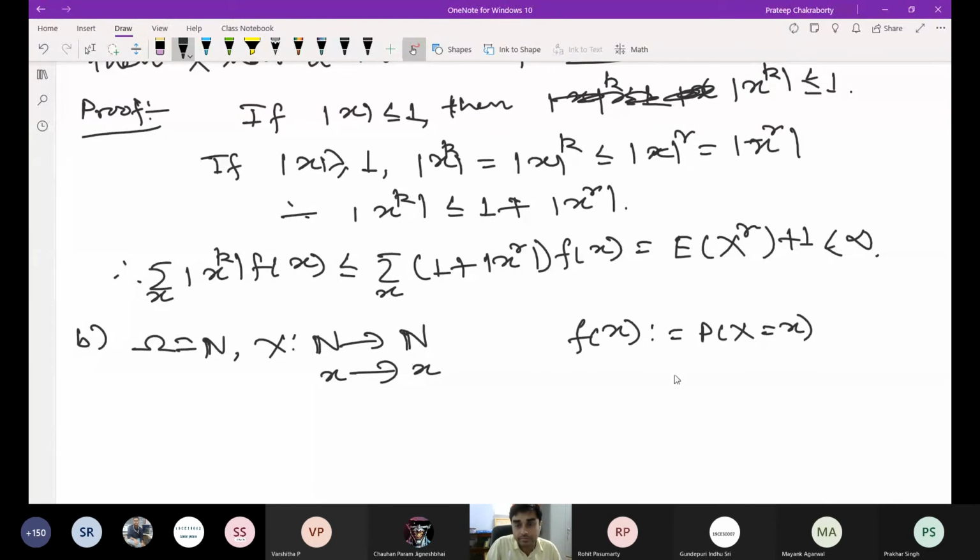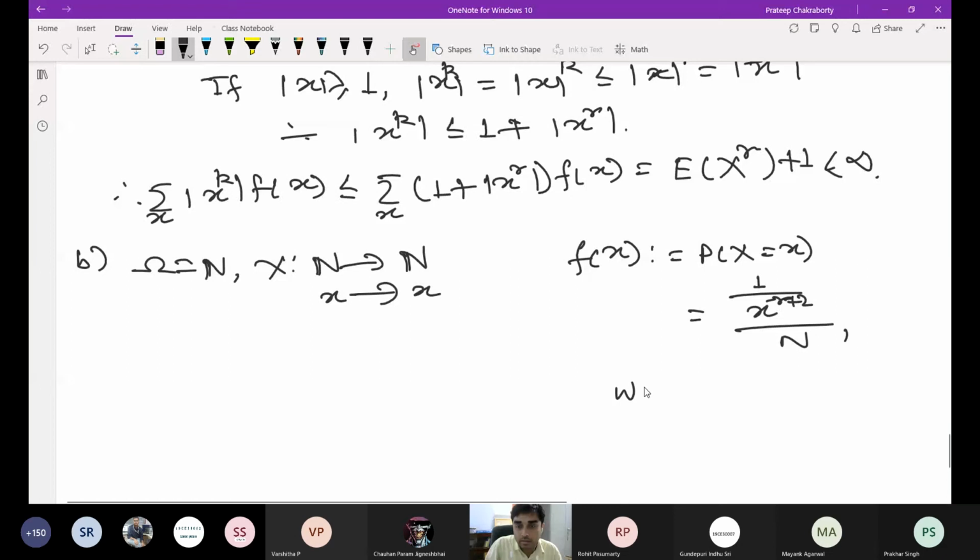This is given as 1 by x power r plus 2, divided by n, where n is equal to the summation of 1 by x power r plus 2.